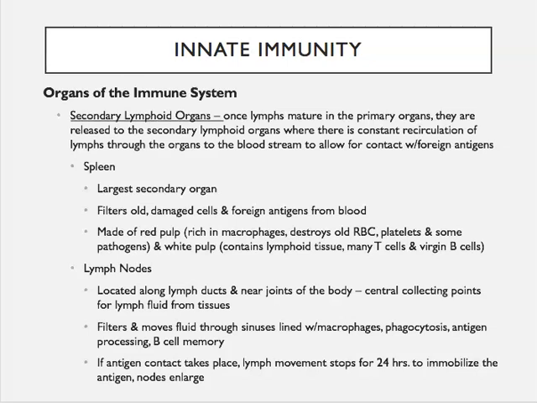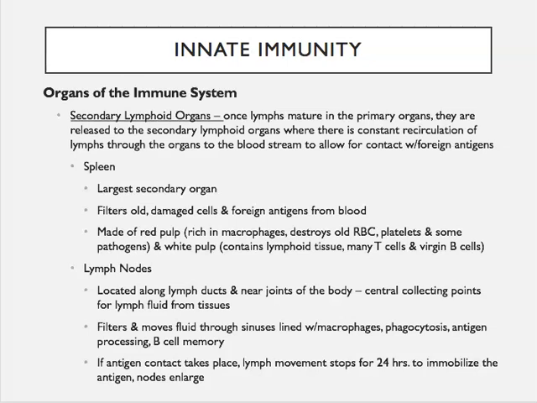So fluid moves through the sinuses lined with those macrophages. This is a site of phagocytosis and antigen processing, and also generation of your B cell memory occurs here. In the secondary follicles, you've got antigen stimulated proliferating B cells. T cells are in the area next to the antigen presenting cells.